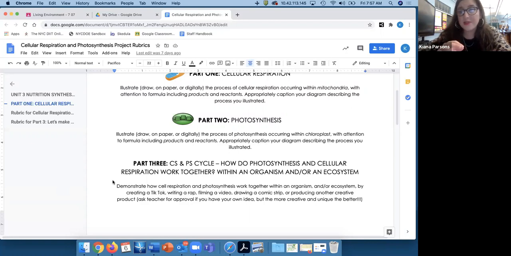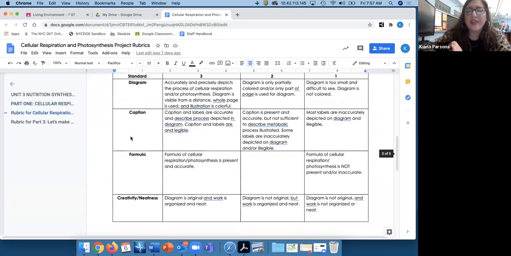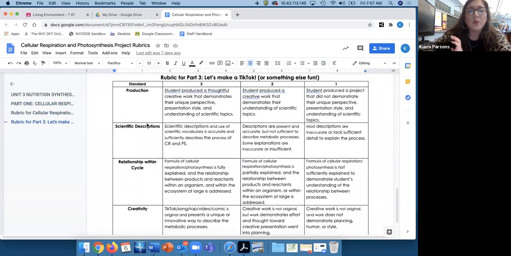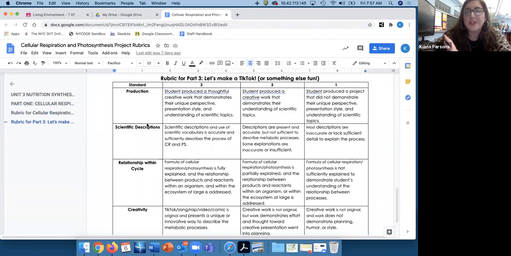Some of you have already asked me for approval of your individual ideas, but I really encourage basically whatever you want to do, as long as it is creative and is representing the cycle of cellular respiration and photosynthesis. And because the requirements for this part are creative, there are not as specific requirements with things like the formula as there were in the first part. So let's go through the rubric here.